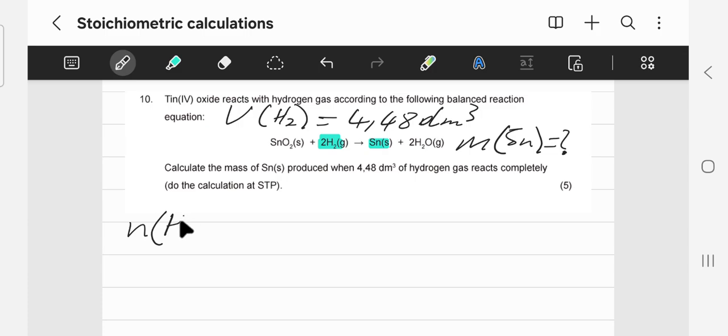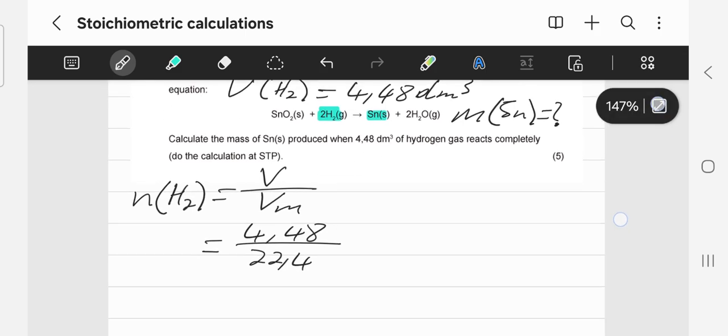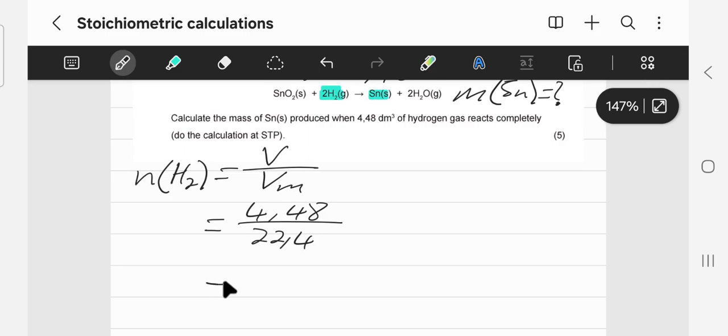Okay, so here we are going to look at finding the number of moles of H2, and this is our formula. So we'll substitute into our formula 4,48 is the volume of hydrogen and 22,4 is the molar volume, right? And then we'll do our calculation there.